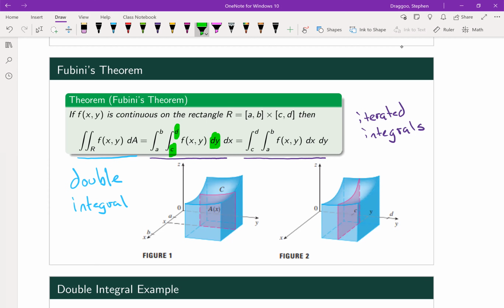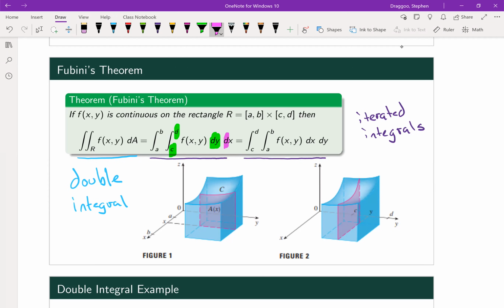With our 2 different orders that we could take these integrations in, it's important that we match the bounds up correctly. So if we're doing y first, then dy is the interior of the 2 dy and dx pieces. And the bounds for y also go on the interior integral.